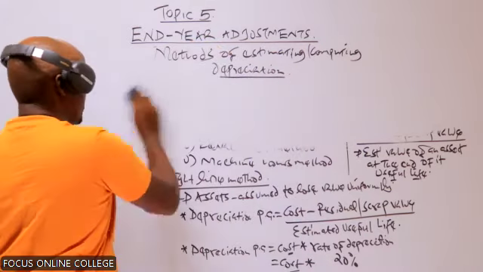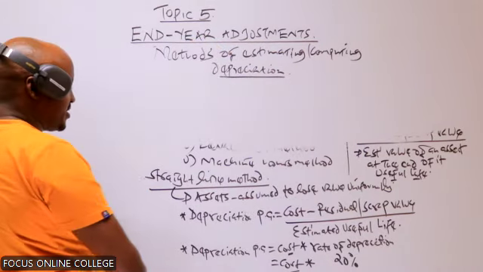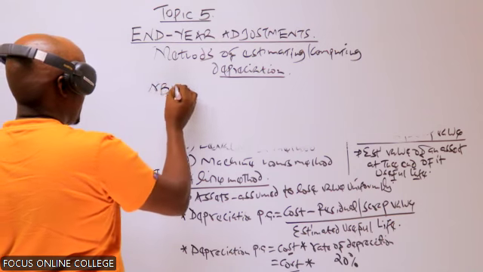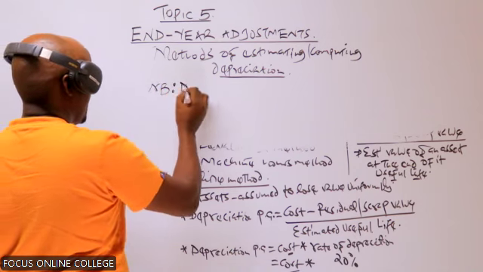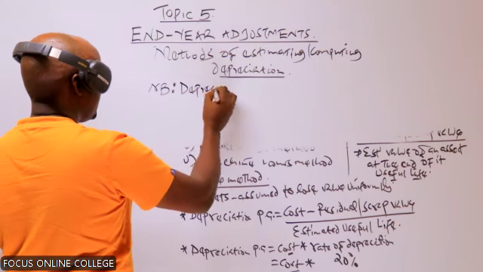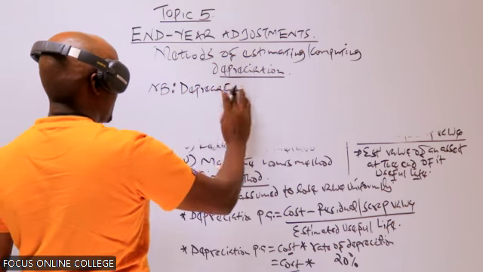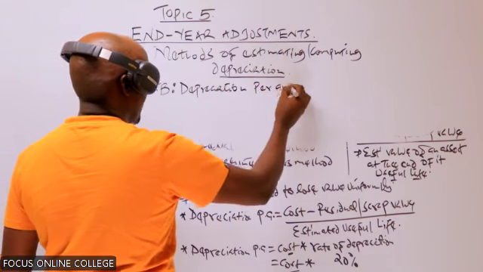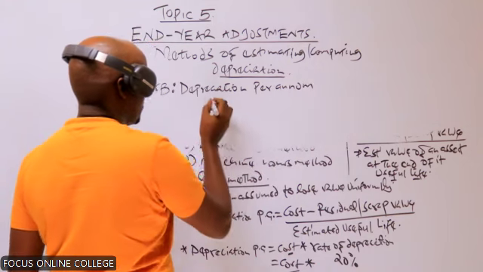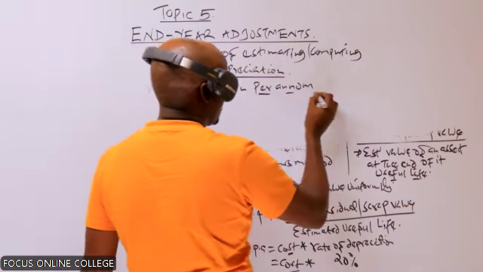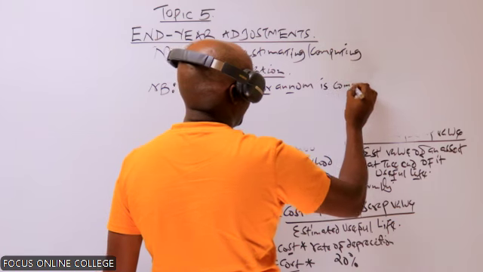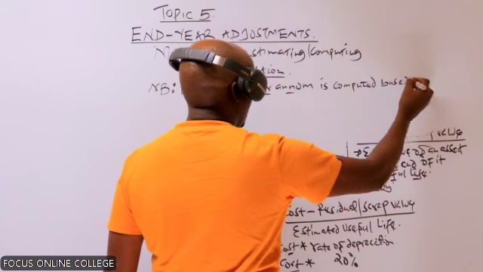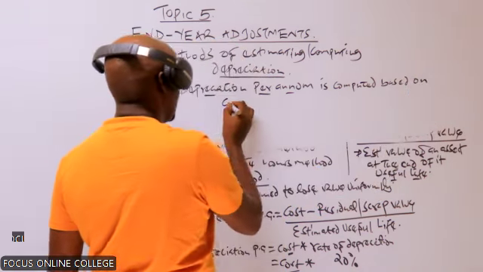Maybe what is important for you to note here is that under the straight line method, the depreciation per annum is computed based on the cost of the asset.